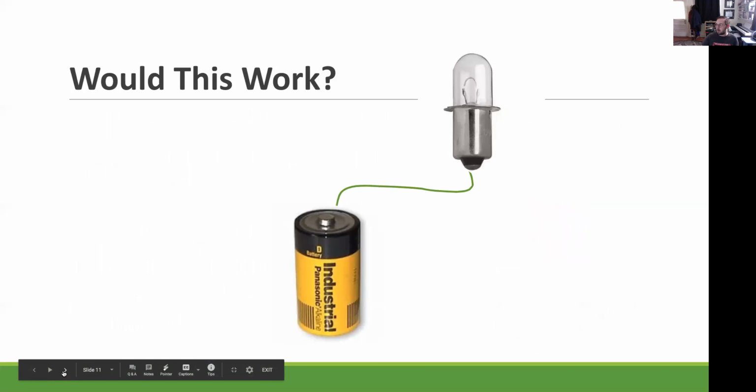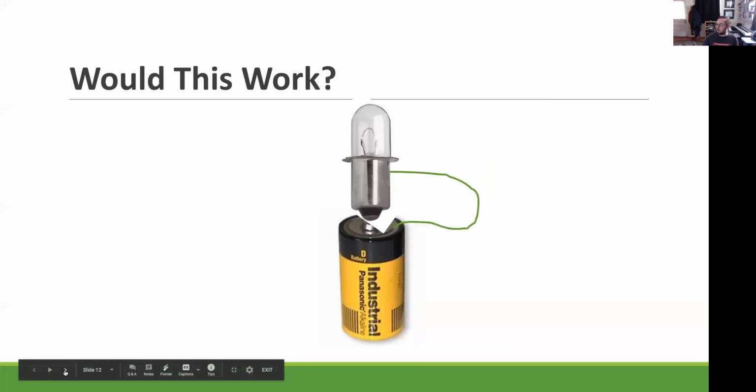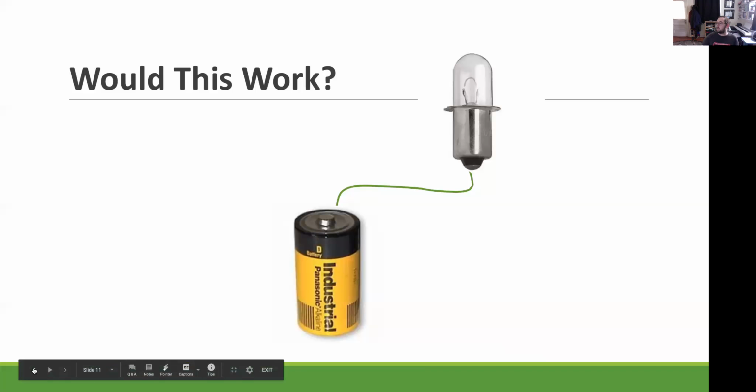So would this work? What do you think? We'd have just a D battery hooked up to a light bulb. Based on what I've talked about so far, would that work? Looking at this one, it would not work because it's just a wire connected from the positive end of the battery to the light bulb.